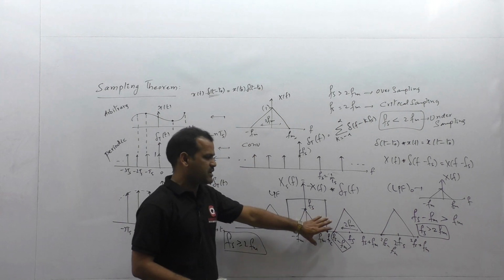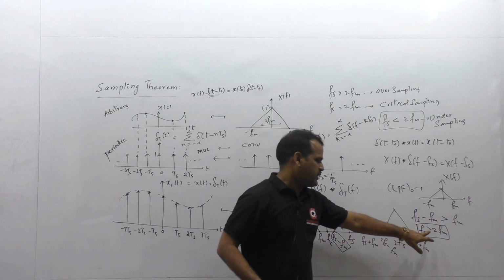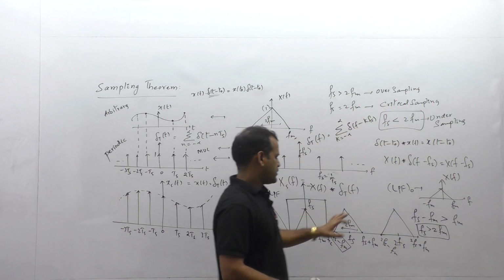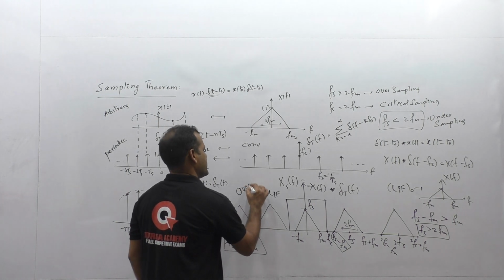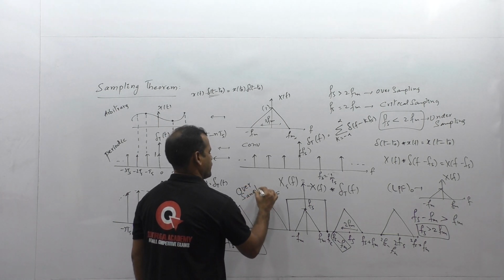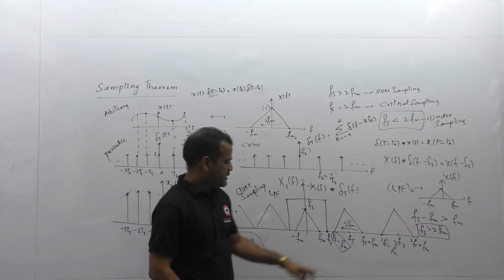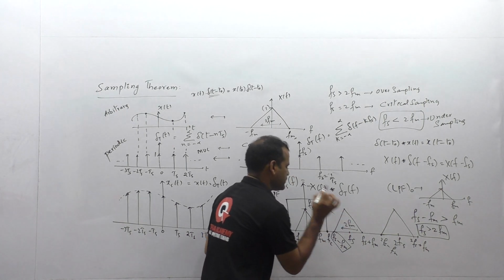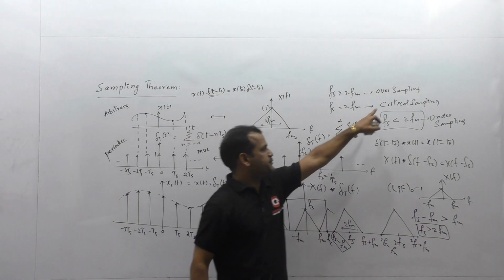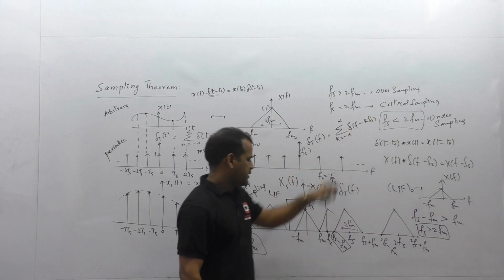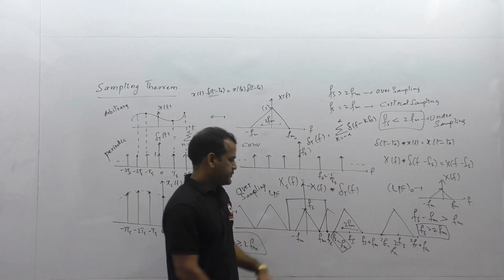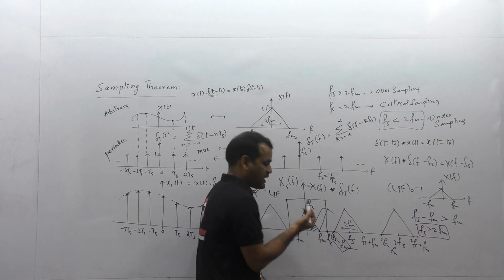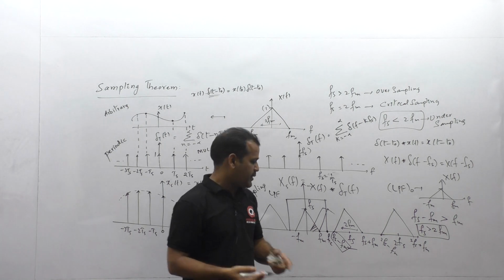So the sampled signal plot available here is for Fs greater than 2Fm, which is nothing but the oversampling process. Similarly, we can plot this Fs minus Fm component exactly starting at Fm like this. Then we can consider that plot as the critical sampling case, and if it is less than 2Fm, that means this component is less than Fm like this, then we will get spectral overlapping. Let us discuss these issues one by one.